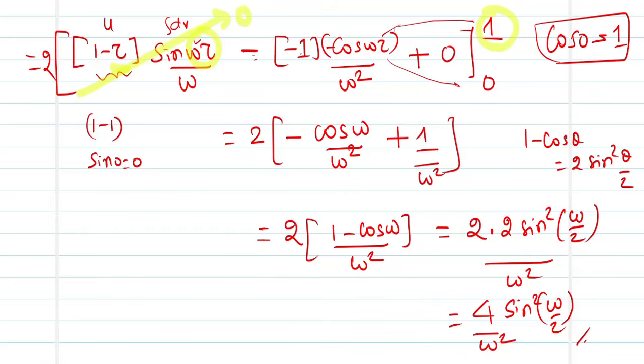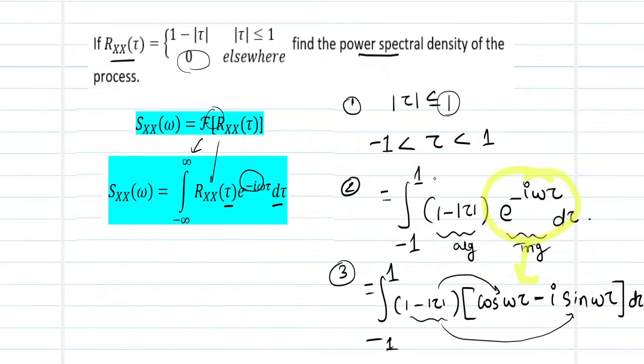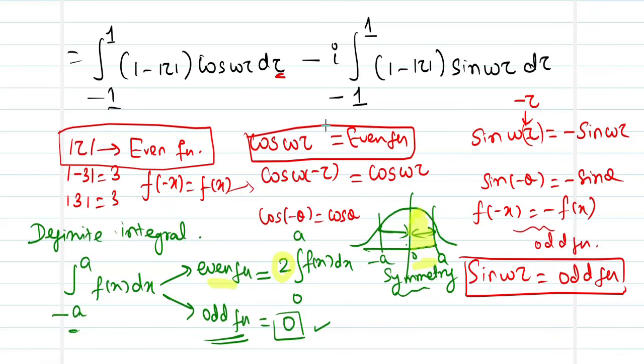So keep in mind the points to be remembered here. First consider the interval split from minus to positive. Then if the function is algebraic, rewrite the term as cos and sine, and we know that cos and sine can be treated as odd and even functions. If it is even, then for the symmetric range it becomes twice the value. For an odd function it becomes 0.